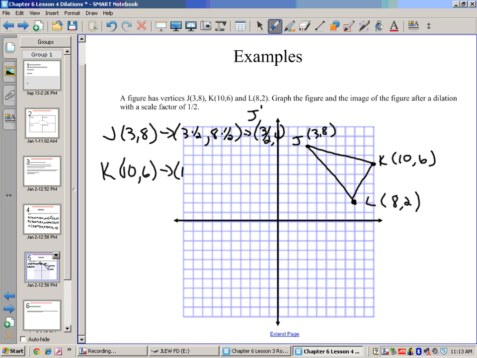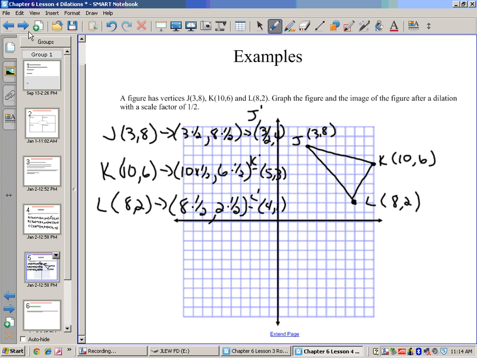Multiply each one by half, and we're going to get a new K prime of 5 and 3. You see we're just taking half the number. L is 8 and 2. Multiply each one by half, and our new L prime is going to be 4 and 1.